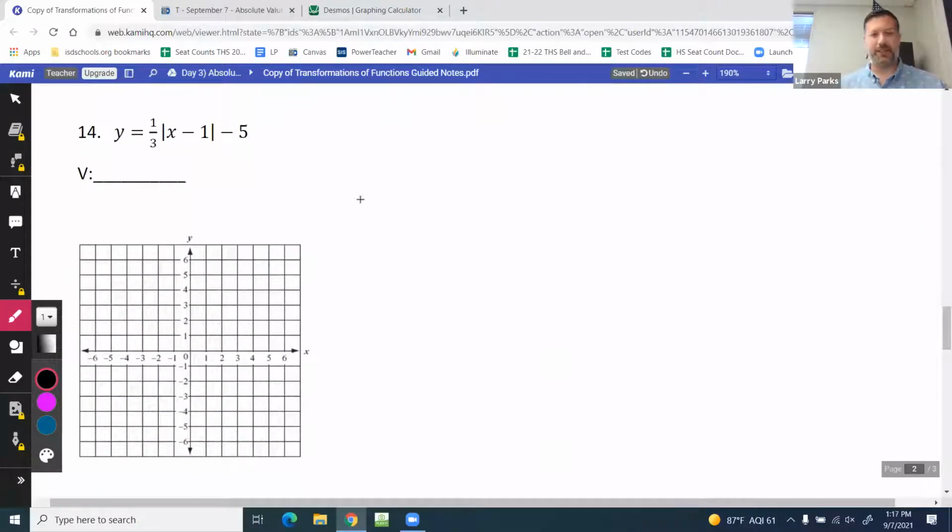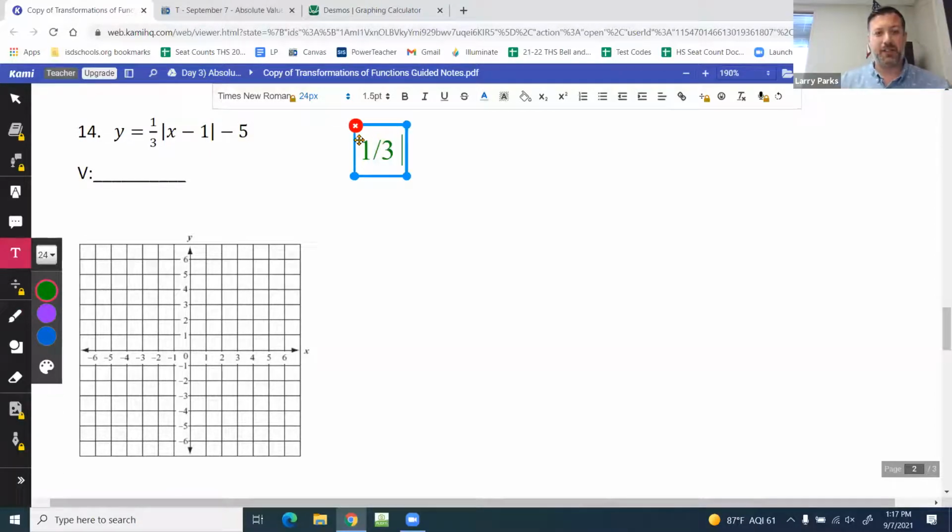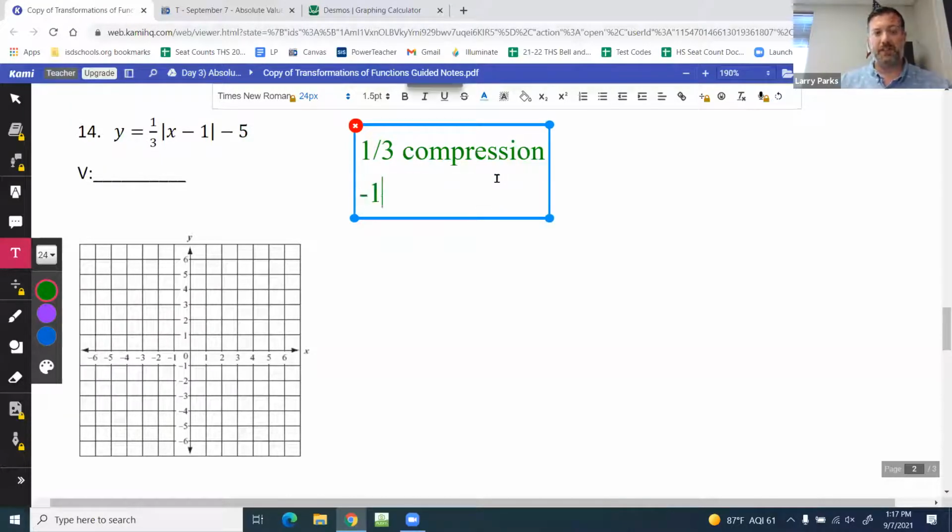14, I'll do 14 with you. Okay, so we start off. -1, so that means go to the right one. I like to spell this out. Okay, so we got 1/3. What does that do? It causes a compression. What does a -1 do?